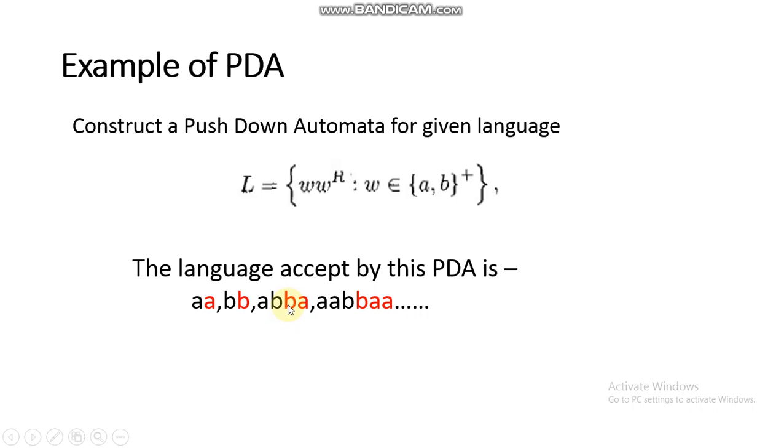Again when the b comes, we just pop out the b, then for the a, pop out the a, because the first element of the string and the last element of the string are the same. There is some middle point. After that, the reverse of the string will start.